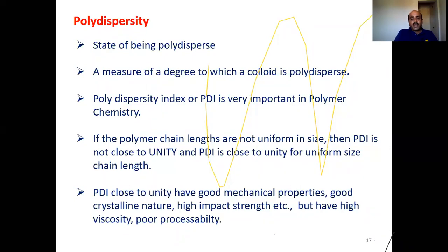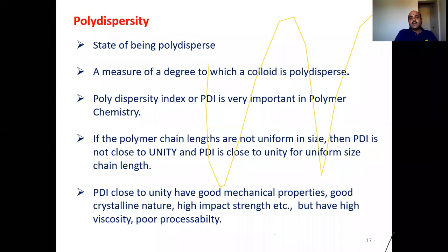So with this PDI, please remember, if the polymer chain lengths are not uniform in size, then PDI is not close to unity. When the value of PDI is not close to unity, it means the polymeric chain lengths are not of uniform size. Conversely, if the polymeric chain length is of uniform size, then the value of PDI is close to unity.